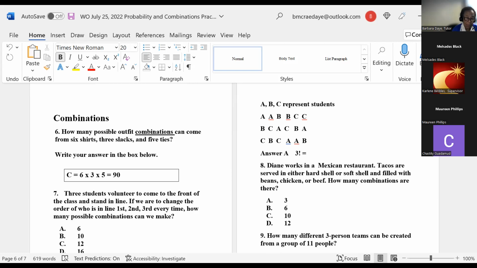What would this be? 3 times 2 times 1. And that's equal to what? 6. So you have 2 ways to do it. You could put it on a table like we did here, or you could just say 3 factorial, 3 times 2 times 1.